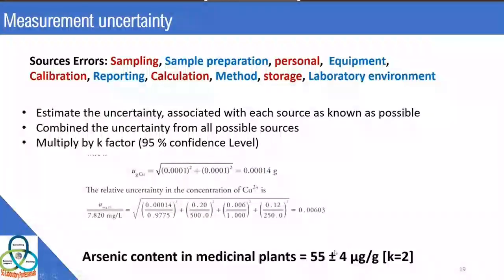That means if somebody analyzes this particular material, they should get a result in the range of 51 to 59 ppm. In this case, the spread is based on the expanded uncertainty, which is the combined uncertainty multiplied by the k factor. We will talk about measurement uncertainty and its estimation methods in a different webinar in the future.